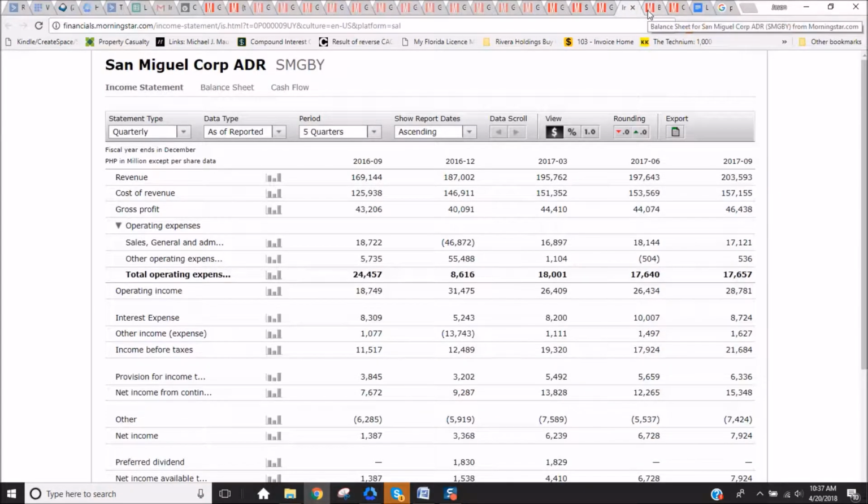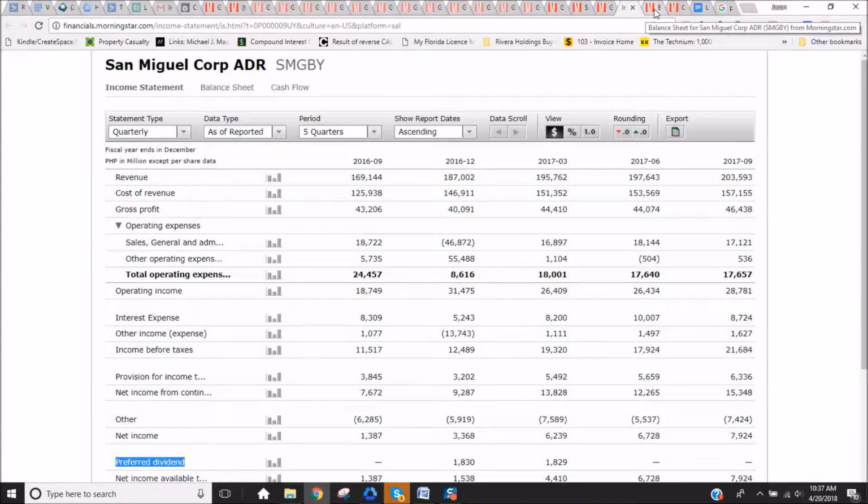So EV is market cap plus debt minus cash in its most basic form. It also includes minority interest and preferred shares, but most companies do not have preferred shares, which we might need to watch out for in this case because there's a preferred dividend.